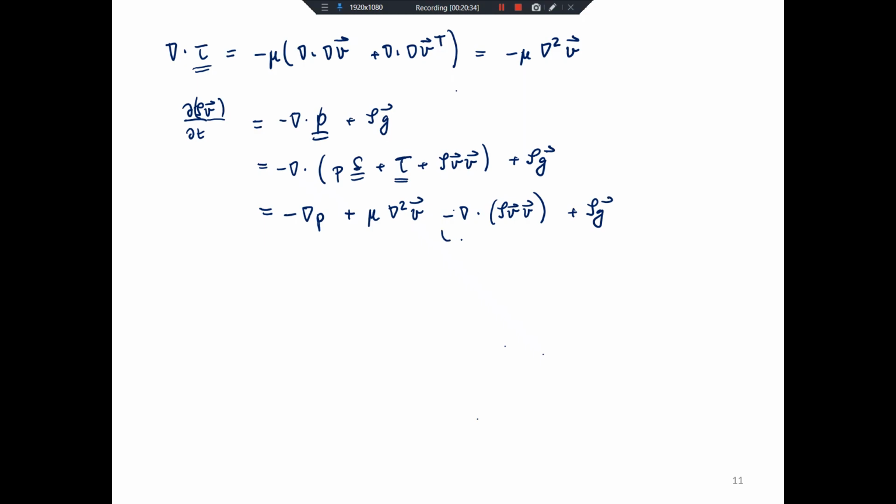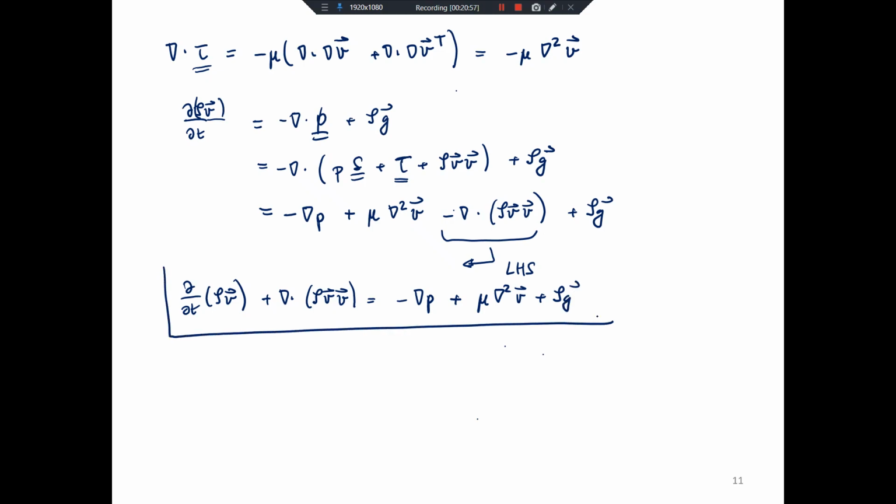I will transfer this part to the left-hand side, and then we have d/dt of rho V plus the divergence of rho vv is equal to minus the gradient of P plus mu times the Laplacian of V plus rho g.